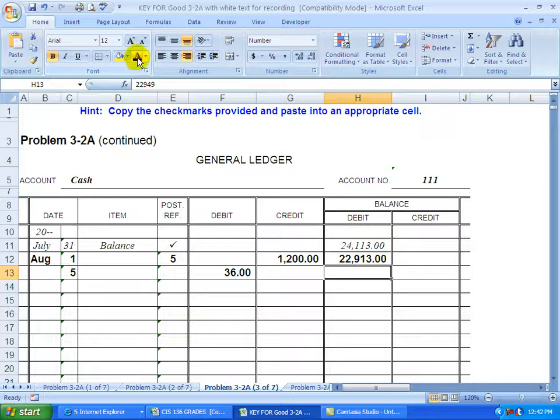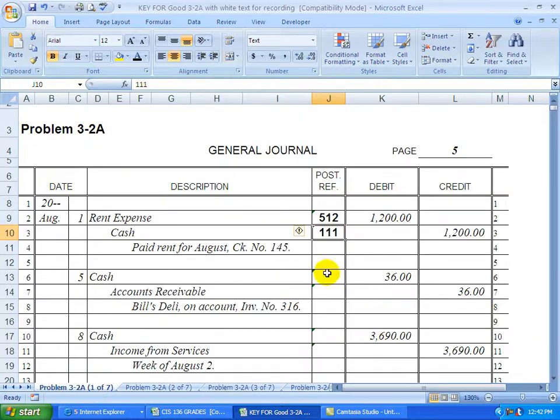That's going to bring our cash to $22,949. We're going to say what journal page we took this information from, so this was journal page 5. So here's the date, the amount, updating the balance, recording where it came from in the general journal, and last, taking the account number 111, going back to the journal, and this is showing yes, it is posted.